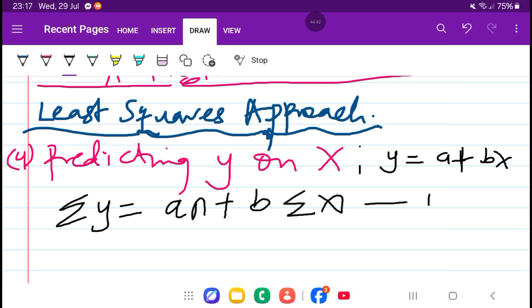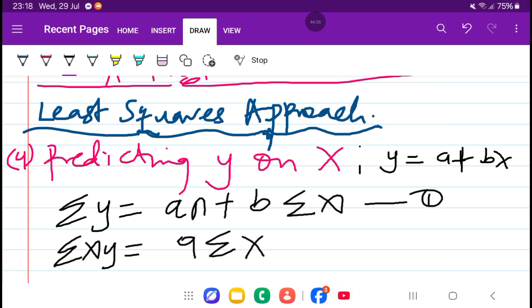Then equation 2: summation xy equals a summation x plus b summation x squared.